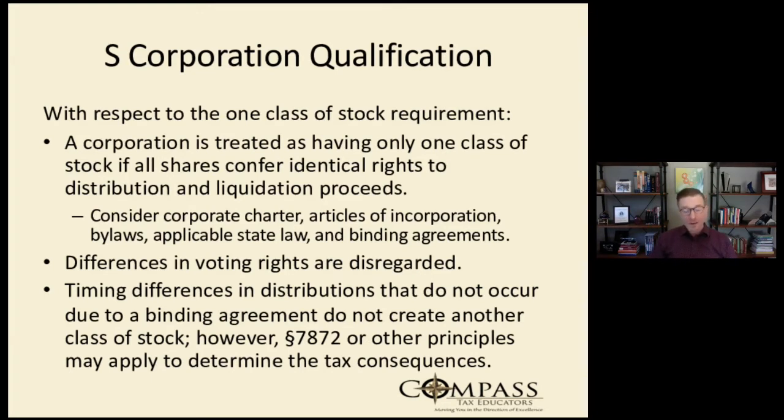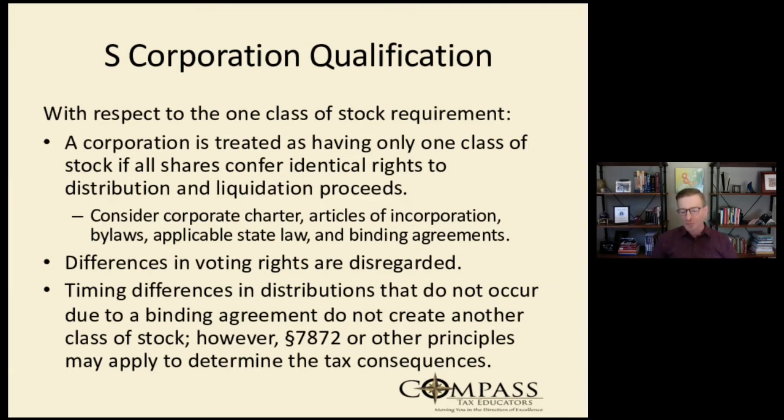So one of the biggest planning opportunities is that differences in voting rights are disregarded. You can have voting and non-voting S corporation stock and not violate this one class of stock requirement. Also, if for some reason there are timing differences in distributions, and as long as it's not because of a binding agreement or requirement, that also may not create a second class of stock.